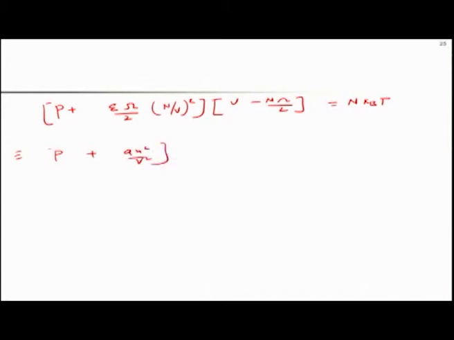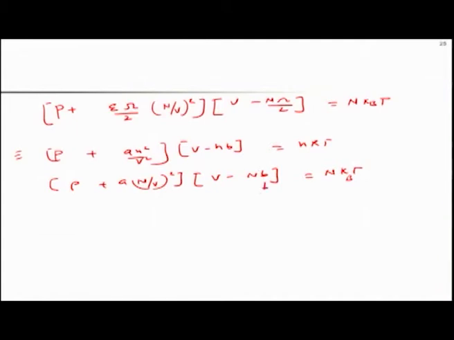What do I get? Pressure plus epsilon omega by 2 (n by V) square times (V minus n omega by 2) is equal to n kB T. Now this is synonymous to writing a n square by V square times (V minus n b) is equal to n RT in molar terms, or (p plus a n square by V square)(V minus n b) is equal to n k T. So naturally, b is nothing but omega by 2 for each particle.